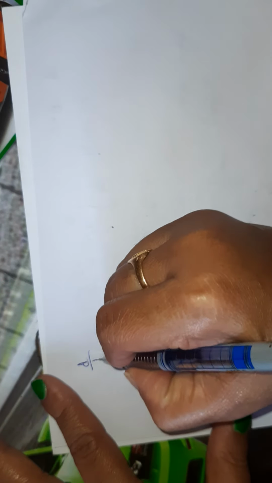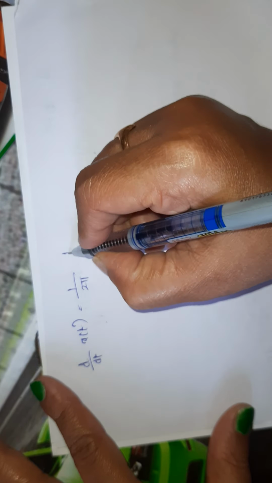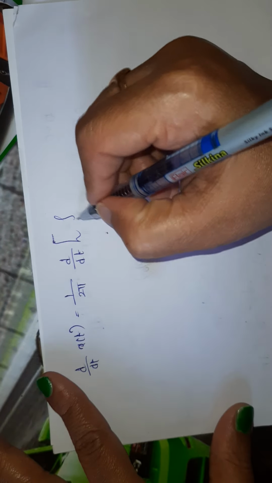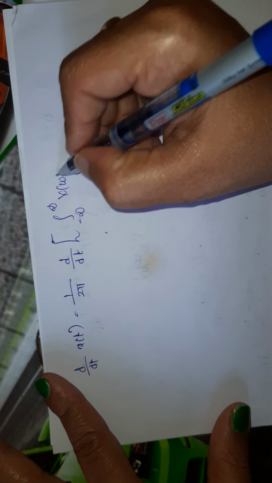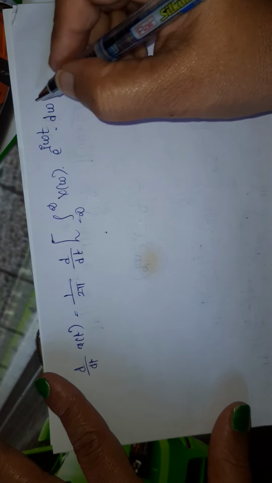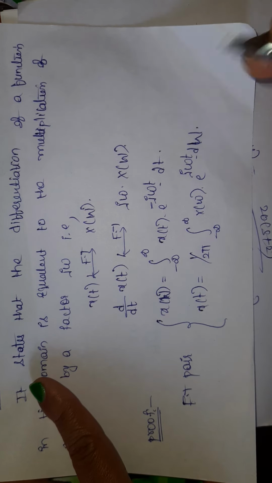Okay, now do the differentiation. d by dt of x of t is equal to 1 by 2 pi d by dt of the integral from minus infinity to infinity of X of omega e power j omega t d omega.